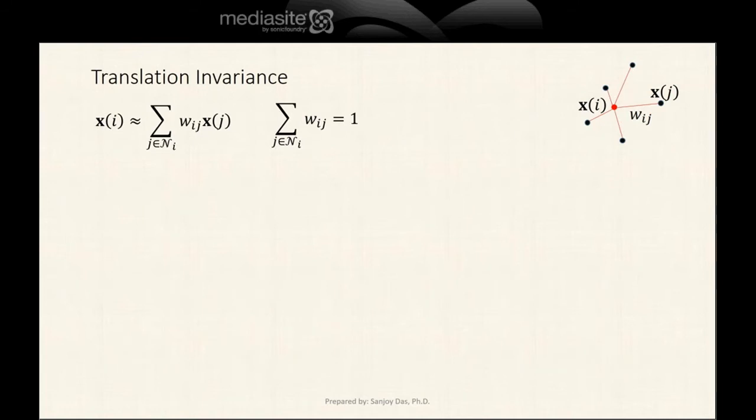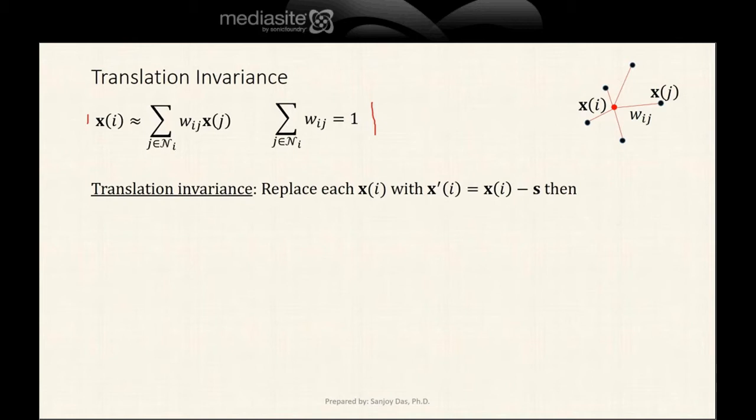So why does translation invariance happen? When summation of wij over all the neighboring points is equal to 1. So we have originally xi is approximately equal to summation wij xj. Now let us shift all the points.